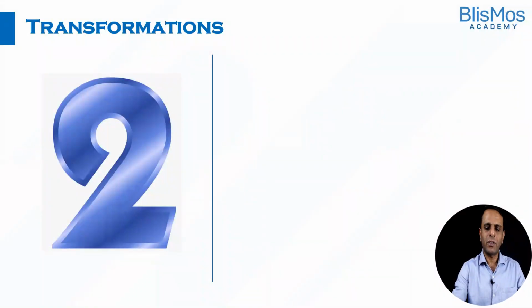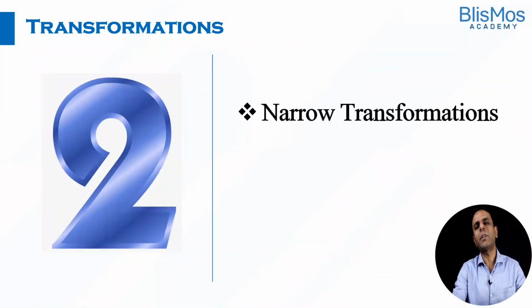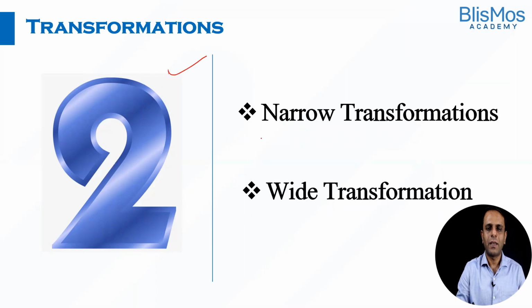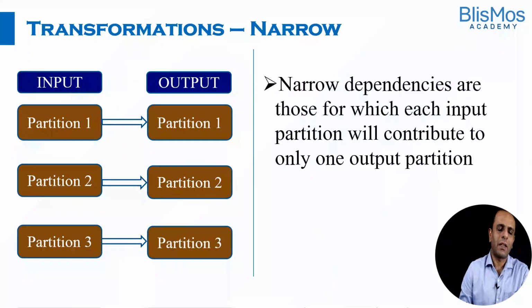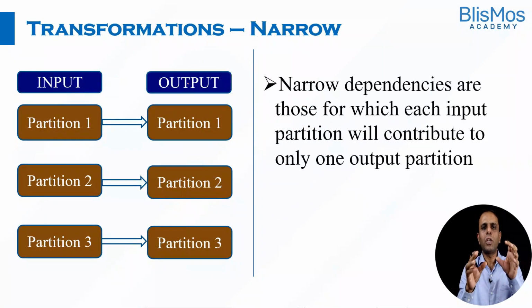In the transformations, there are two types of transformations. One is a narrow transformation. The second one is a wide transformation. Let us see them one by one. Narrow transformations: what really is happening here is, we have an input and output. Usually you do a data processing task on an input partition.